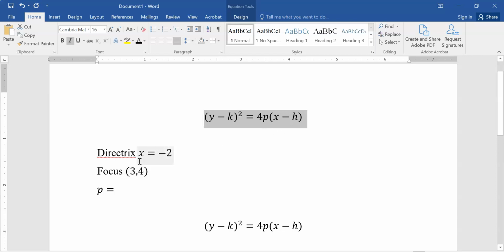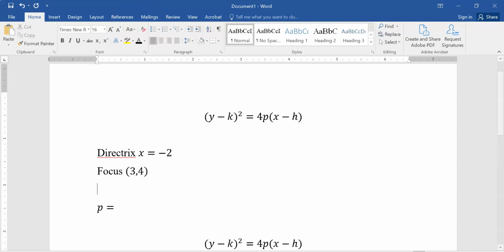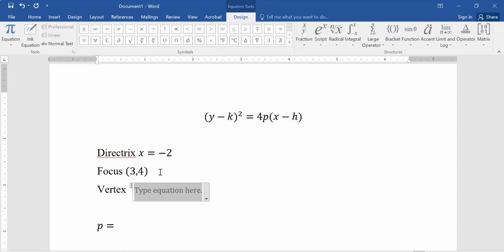Since the directrix is x equals -2 and the focus is at (3, 4), we know that the vertex has to be halfway between there, which means halfway between the -2 and the 3.